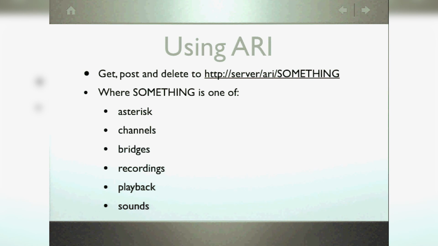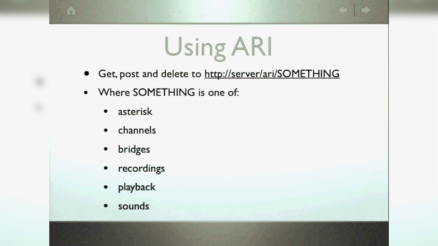For example, asterisk is to get information about your Asterisk server. Channels is to create channels, drop channels, bridge. Actually, I think the channels interface gives you the opportunity to start playback of sounds. And the playback allows you to deal with a playback once it's been created, which was something that threw me as well. Bridges are the connections of multiple channels.